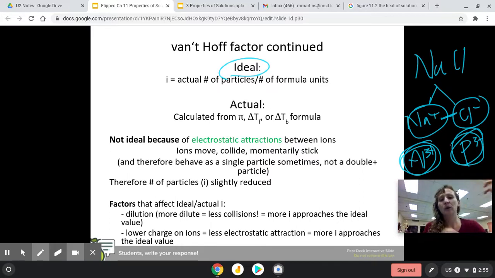The lower you go in charge, the more ideal your solution is going to be, which again is why we do so much with sodium chloride. It's cheap, it's safe, and it acts super, super ideal. And so it makes it the perfect example for a lot of these things.